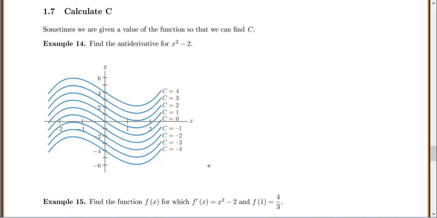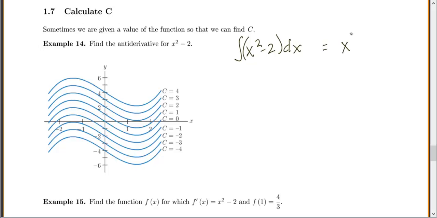Now, sometimes we're given a specific value of our function so that we can find c. So here's an example where we want to find the antiderivative for x squared minus 2. The integral of x squared minus 2 dx would be equal to what? Let's see.